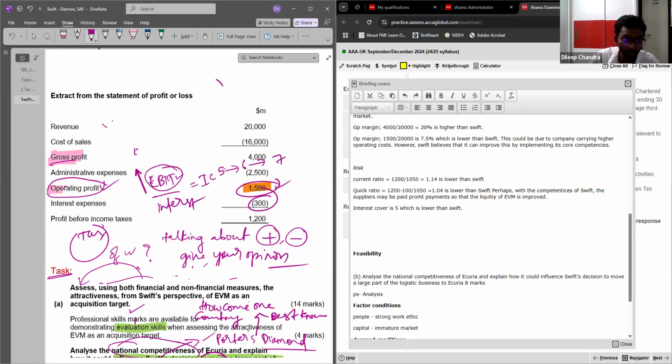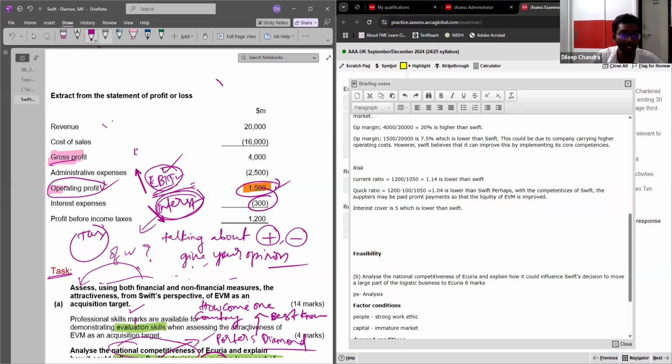If this number is bigger, we can get a bigger interest cover answer. Or the interest number should be lower. We can't reduce this number. We can't manage this. Why? Because agreements would have already happened with the bank. This much interest we'll be paying. We can't do anything with that. But we can try to increase this number, EBIT. How can we increase?